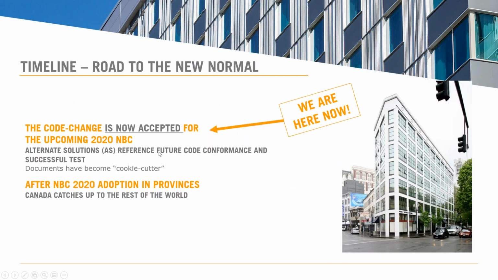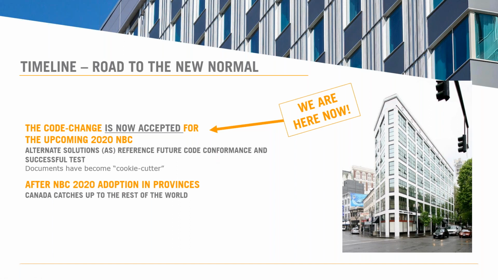But now in Canada, the code has changed. So the National Building Code is now accepting fiberglass as a material that's suitable for non-combustible construction. But it was due to a lot of work on the part of Cascadia and other manufacturers in proving that equivalence to the current code accepted solutions.